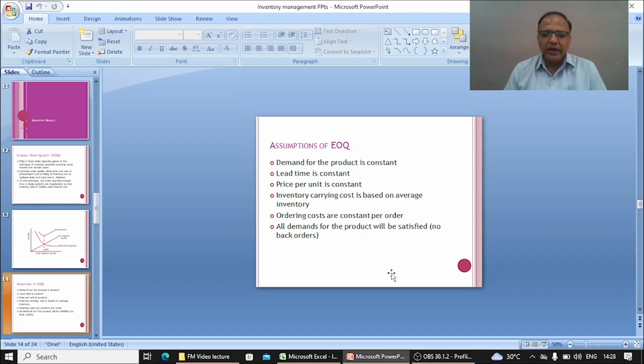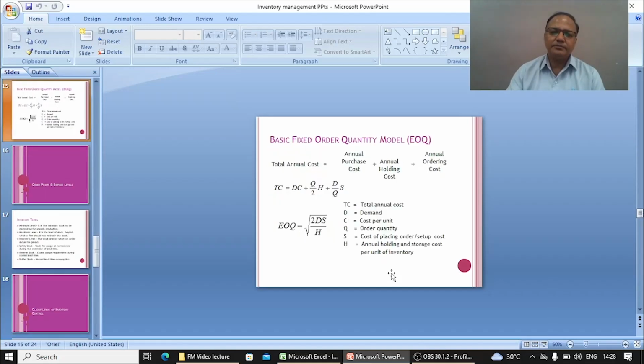Number four, inventory carrying cost is based on average inventory. Number five, ordering costs are constant per order. Number six, all demand for the product will be satisfied and there are no back orders. So these were the assumptions whenever you have to apply economic order quantity.